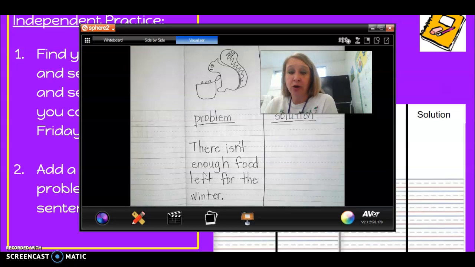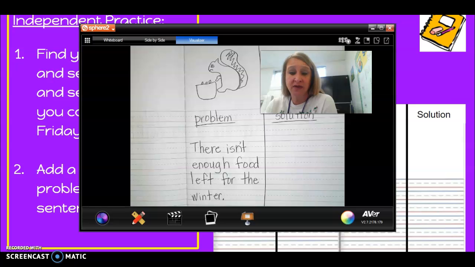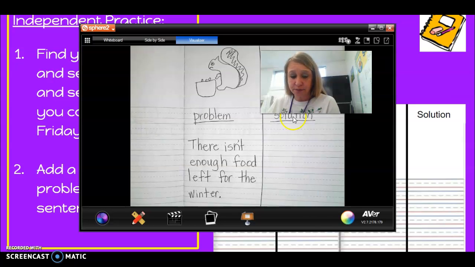And after you write your problem, you can start thinking about a solution, a way your character can solve their problem for tomorrow. So for today, just think about something that is a problem for your character, something that they want to change or fix, and draw a picture and write a sentence about it.